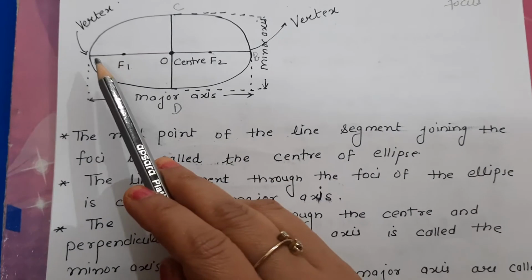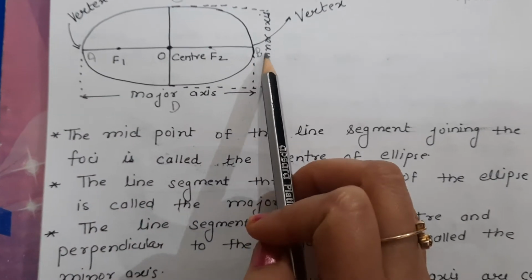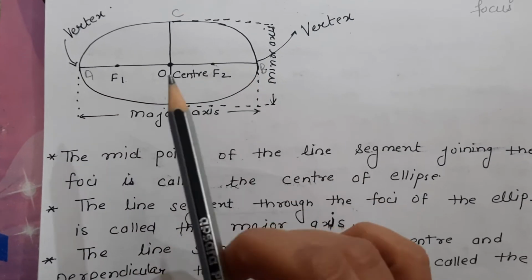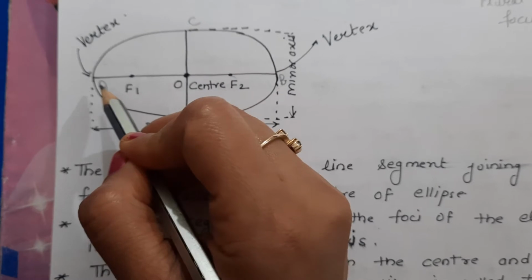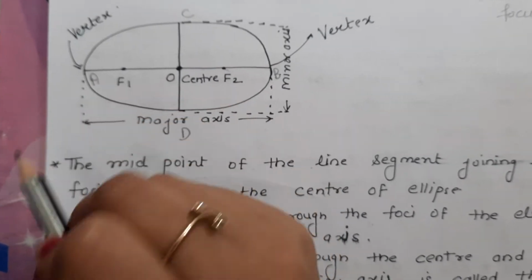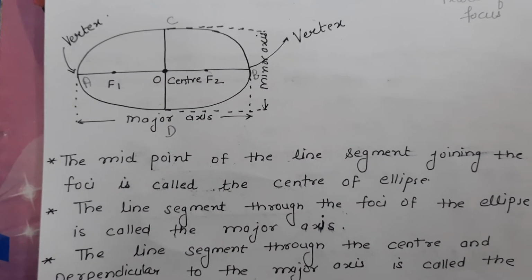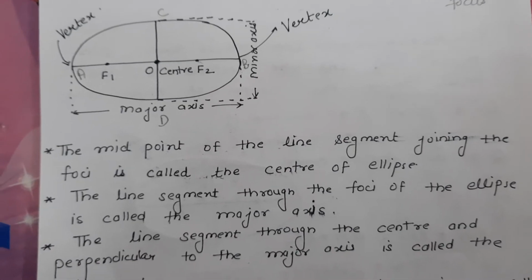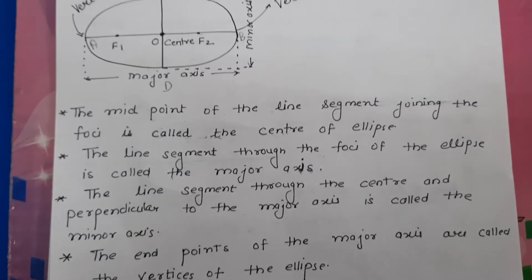Next, the points A and B here are the end points of the major axis. The end points of the major axis are called the vertices of the ellipse.